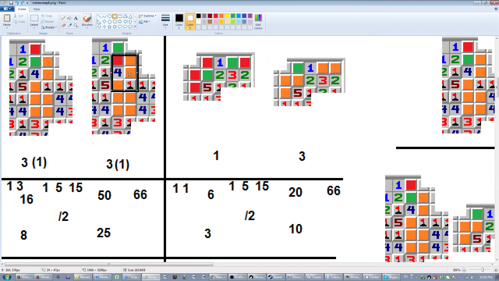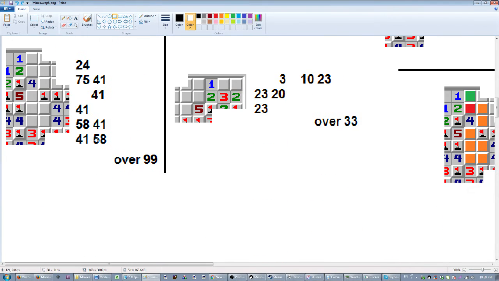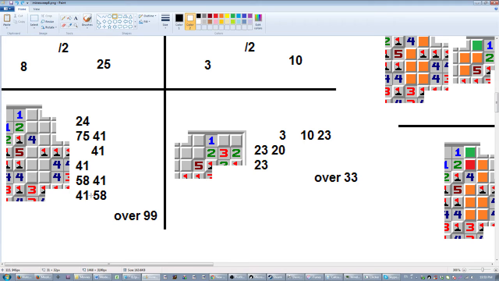And here there's only 1 mine among these 3 blocks, meaning there's only 1 combination where this is a mine, 1 here and 1 here. Meaning there's 2 here and there's 1 here, so we add 2 of this and 1 of this. That is 16 plus 25, which becomes 41. 16 plus 25 equals 41.